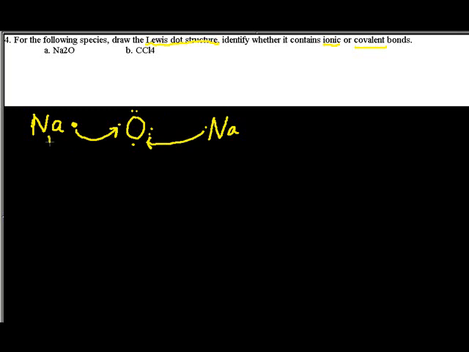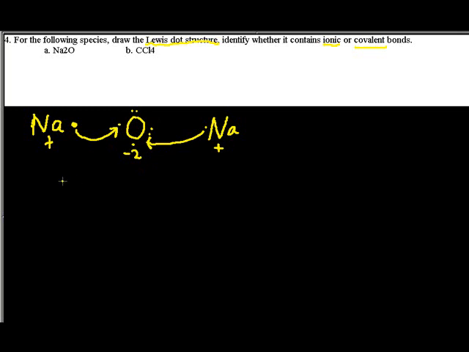By doing so, this becomes a plus ion because it lost the electron, and this picked up 2 extra, so it's a minus 2. Realize that by sodium giving up its outermost electron, its next shell is filled, it's stable. By oxygen picking up these 2 electrons, it now has 8 electrons on the outside, so it's stable.